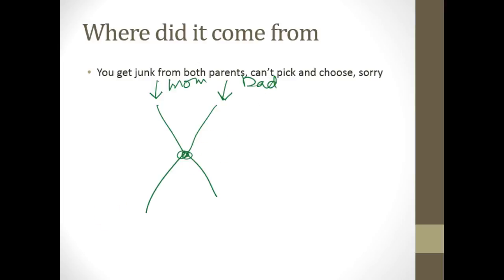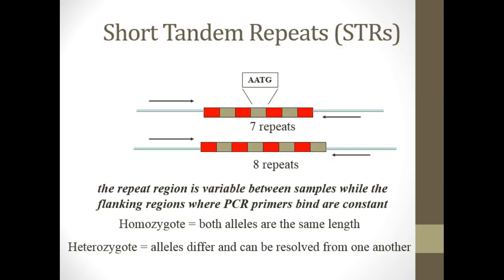Looking at one chromosome, here, for example, might be the one from the mom, and here might be the one from your dad. The gene you inherited from your mom had a hiccup or stutter, that short tandem repeat, that repeated 7 times. However, the gene that you inherited from your dad did it 8 times.